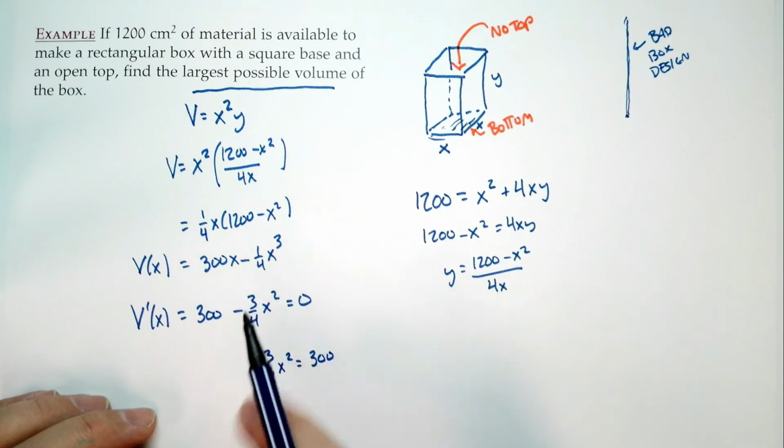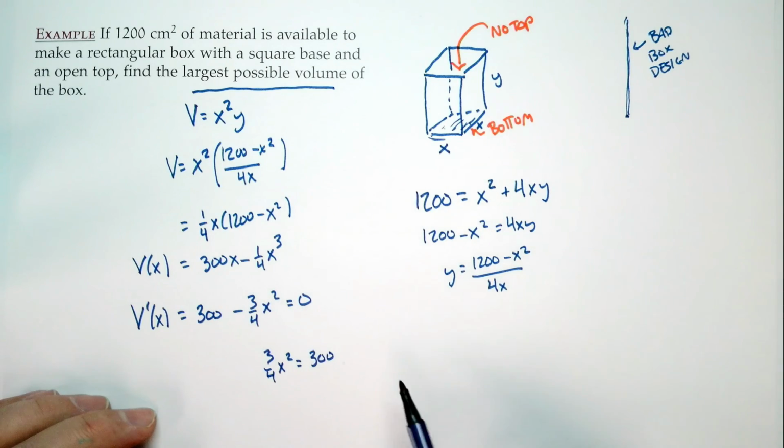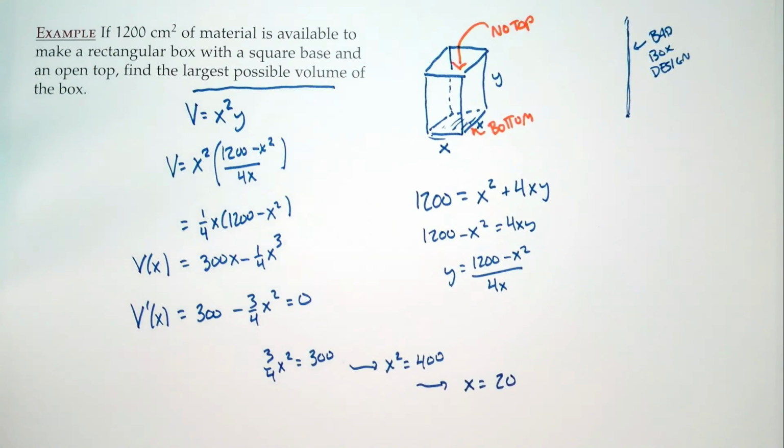We'll multiply by 4/3, and we get that x squared should equal 400. 300 times 4/3, which says that x is 20. Now, of course, plus or minus 20, but we know x represents a measurement. It's the length of a side. Can't have a negative side. So, there we go. So we know x should be 20.